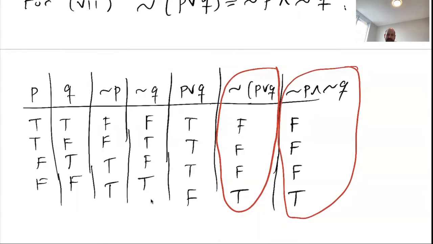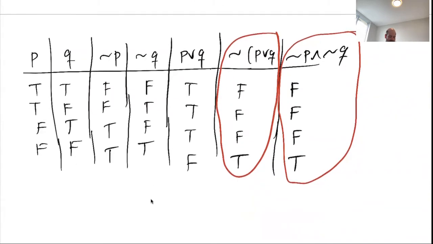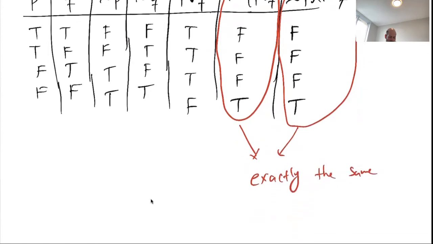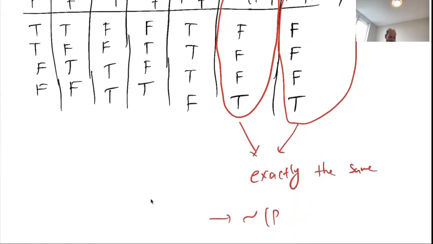Are they exactly the same in each row? Yes, they're exactly the same: F, F, F, T, F, F, F, T. So these two are exactly the same. So that means negation of P or Q is logically equivalent with negation P and negation Q.